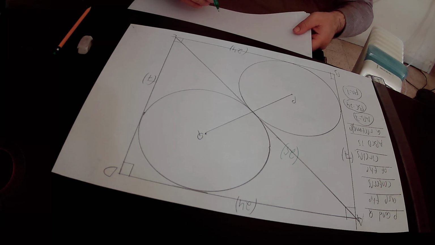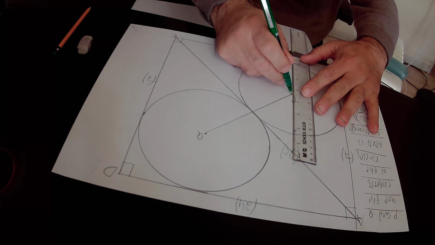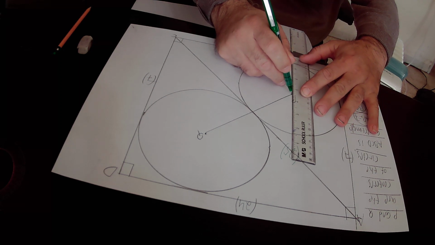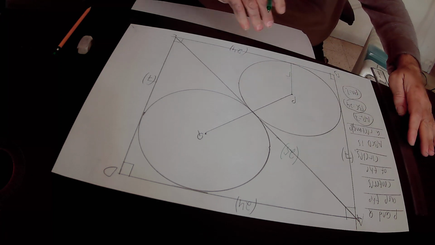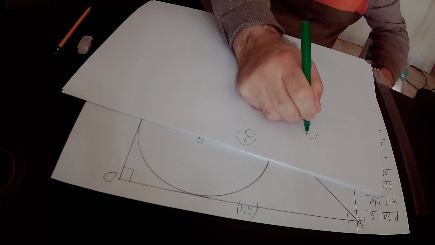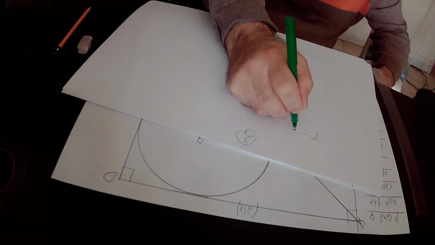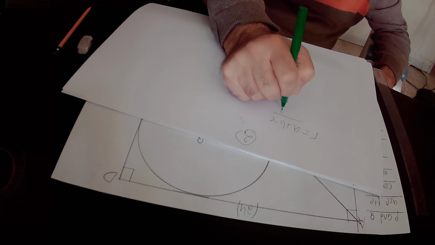According to the new formula, we define the radius of this circle as R, and R equals A plus B minus C over 2.